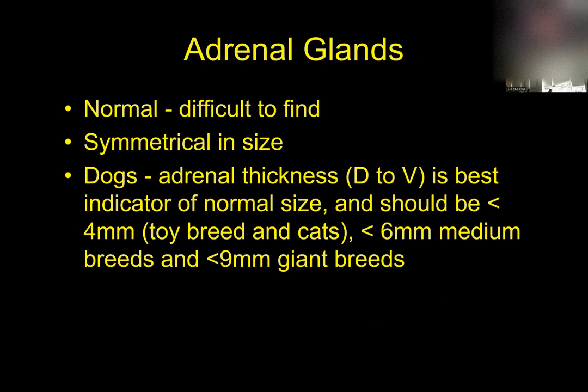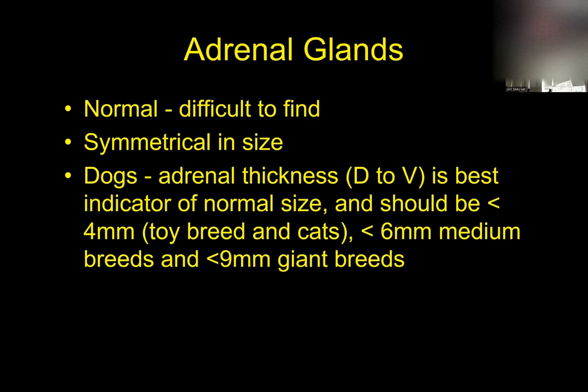Okay, moving on to adrenal glands. Remember, the adrenal glands are some of those organs that, just like the pancreas and just like the lymph nodes that we're going to talk about, normally you do not see on radiographs. Ultrasound wise, in probably almost every animal, you will be able to find the adrenal glands.